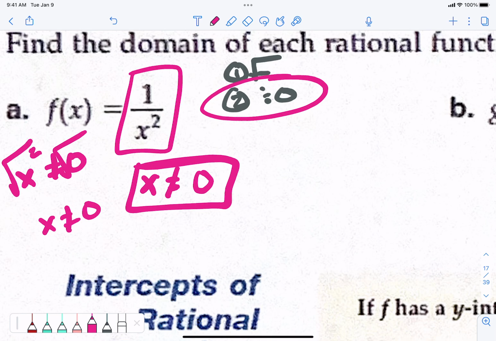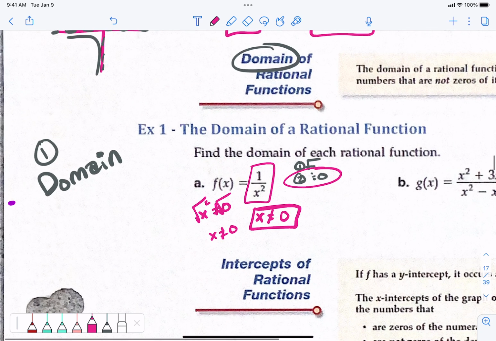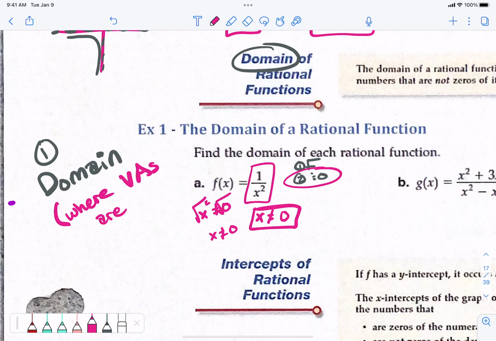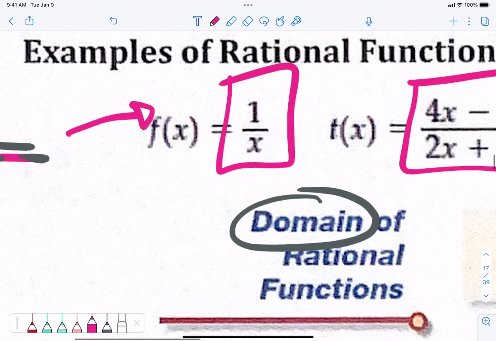Now, domain is very closely related to where the VAs are. Put that down: where the VAs are. If we talk about the domain of 1 over x, x can't be 0, agreed?